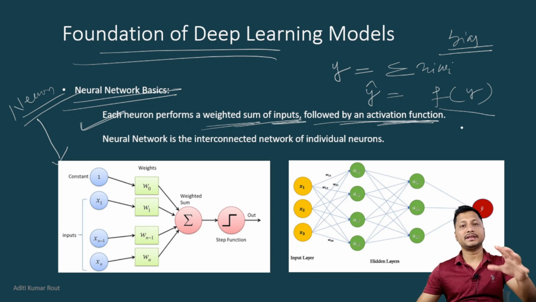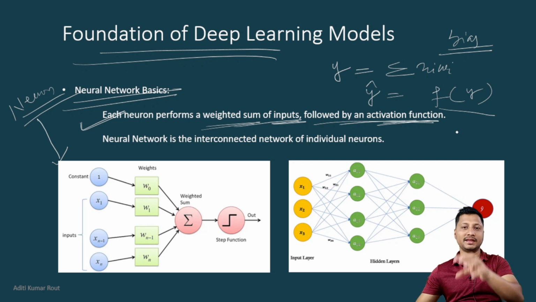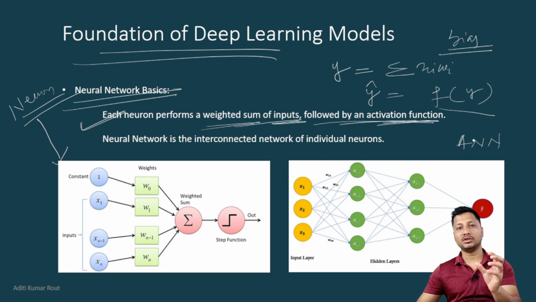So this is the actual neuron, and here it is the artificial neuron. The concept here is the same. We are implementing that particular concept in an artificial manner. That's why it is known as an artificial neural network. This is the interconnected network of neurons in an artificial way.